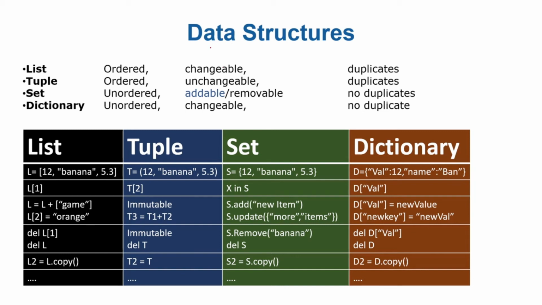For different kinds of tasks we may have to choose different kinds of data structures. The basic data structures that are available in Python are list, tuple, set, and dictionary. These are the basic data structures that are available.